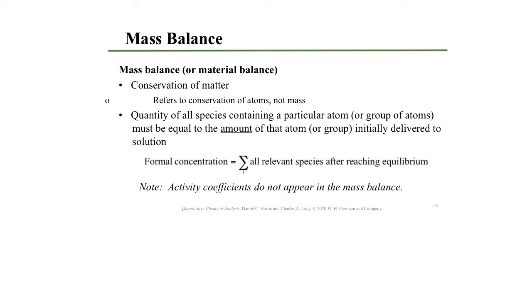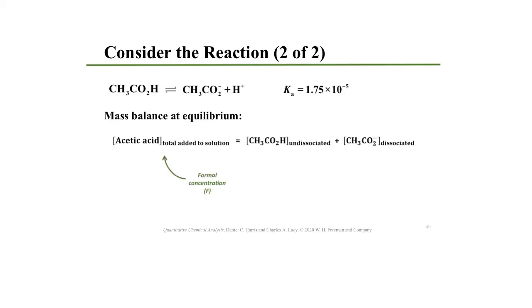And then that has to equal the amount that was initially delivered to the solution. So formal concentrations now, we go back to that, right? So whatever you put into a solution has got to equal, right? All the summation of the different pieces have to equal up to that original formal concentration. And we're not working with activity coefficients at this point.